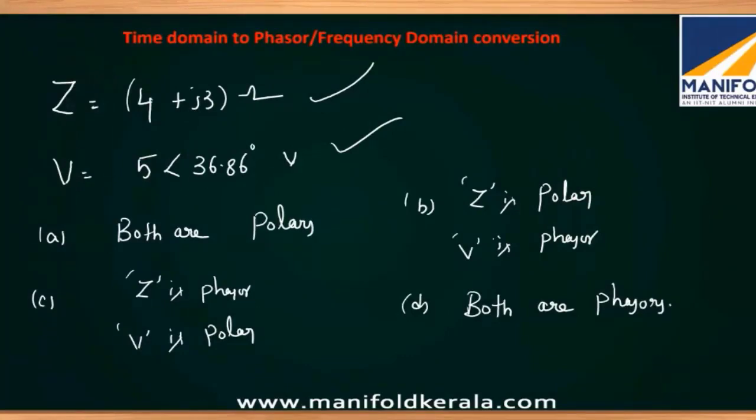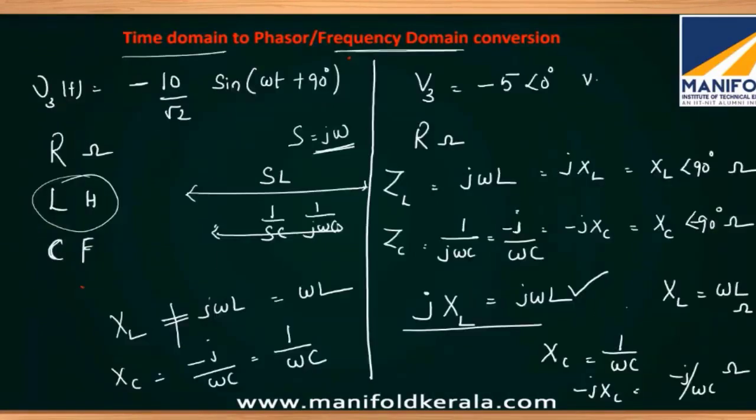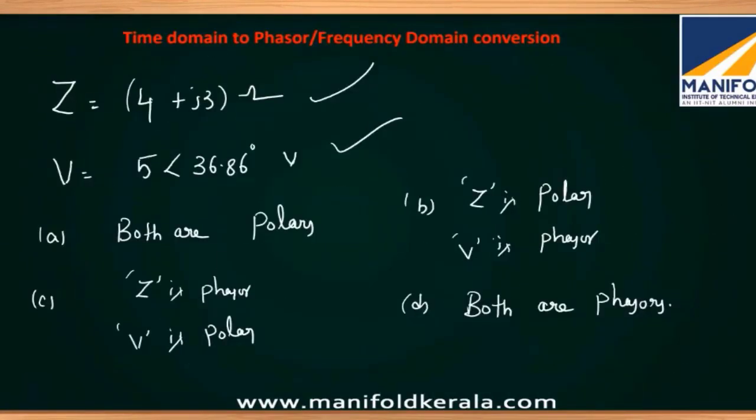Yeah, I need an answer, gentlemen. Anyone? Capital Z, which is an impedance, 4 plus j3 ohm, and capital V, 5 at an angle 36.86 degree volt. He has given two options: both are polars, both are phasors.